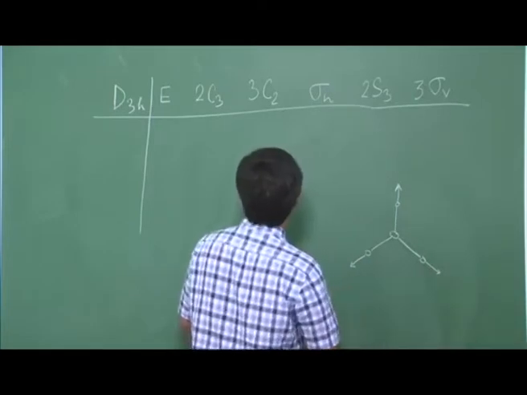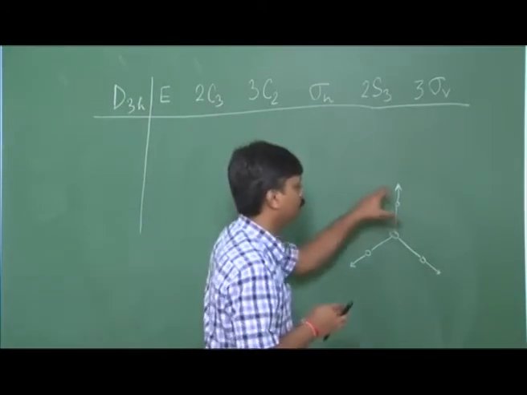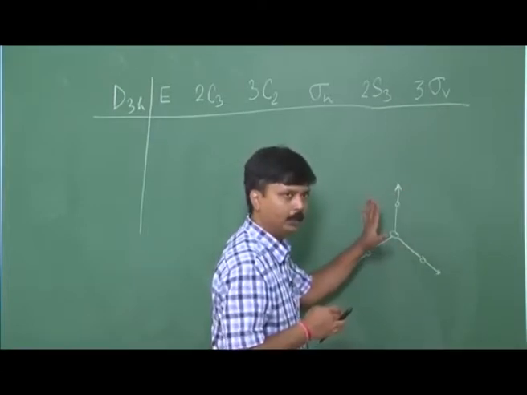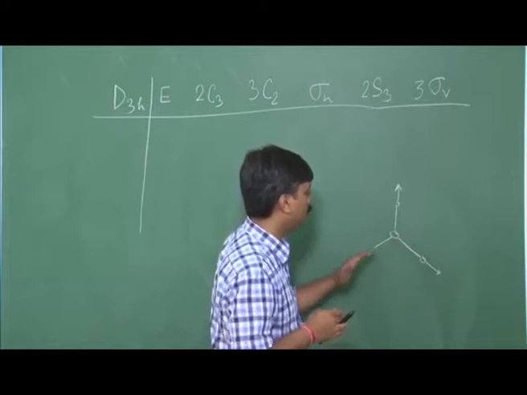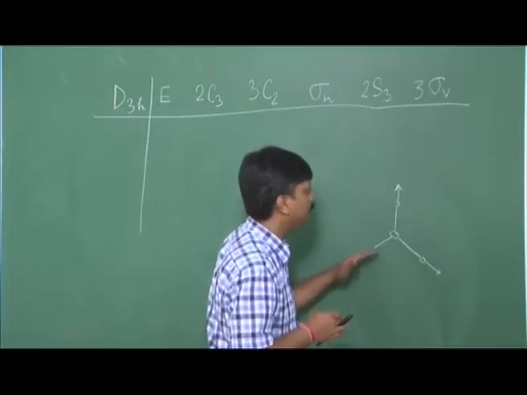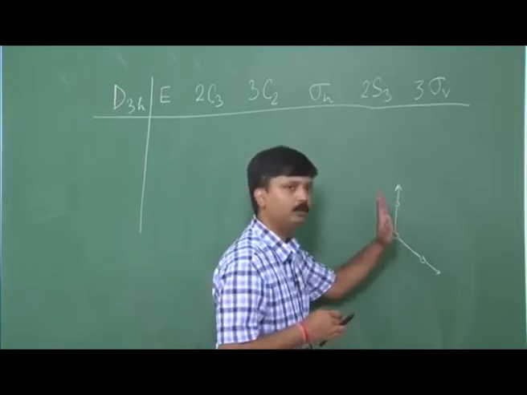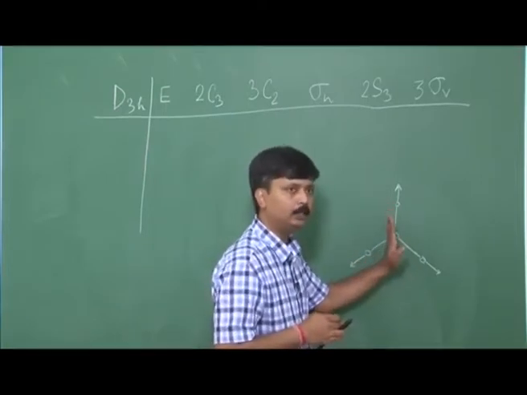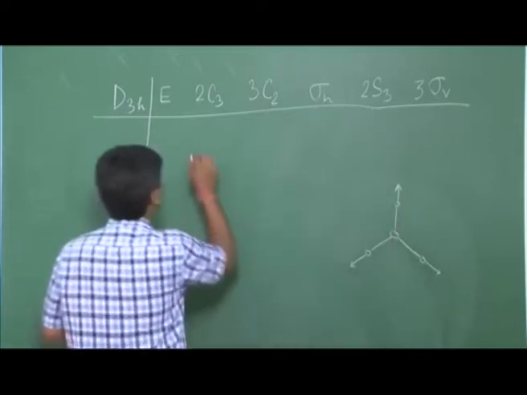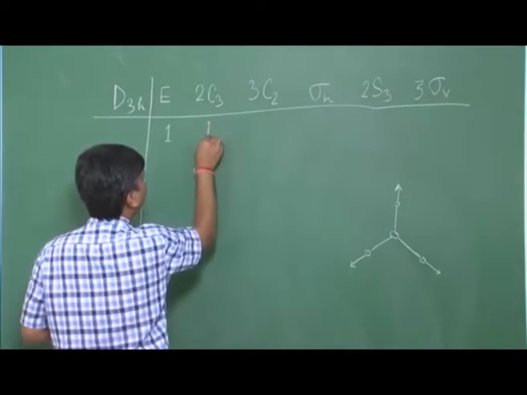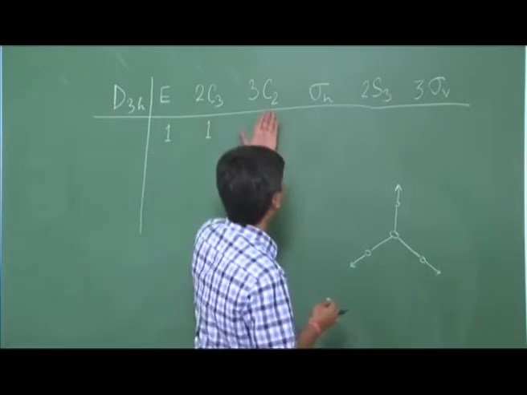Now if you apply C3 on this motion, if you rotate by C3 and you are not numbering them, just looking at the overall disposition of these arrows, then C3 also will give you the exact indistinguishable structure. So that will also give me the same structure back. So this gives me 1 and this gives me 1, and next you look at the C2.